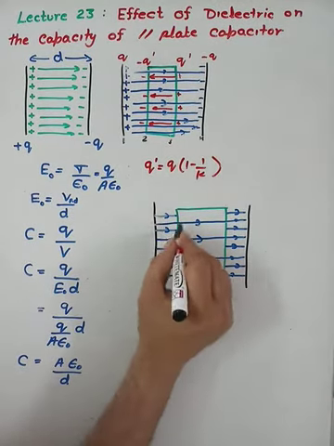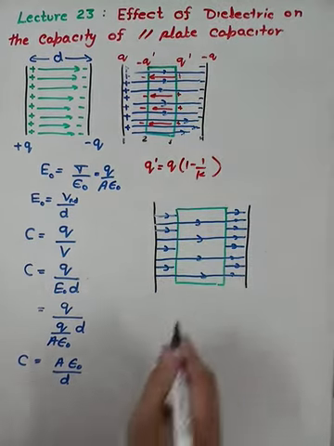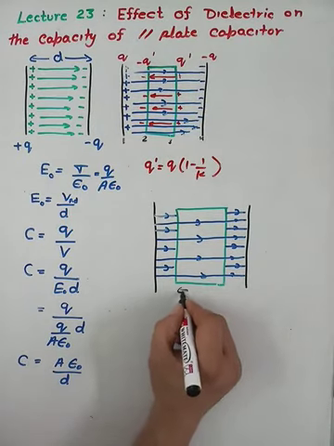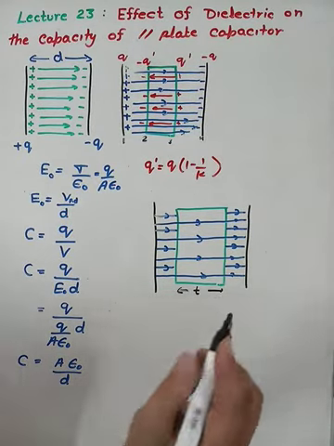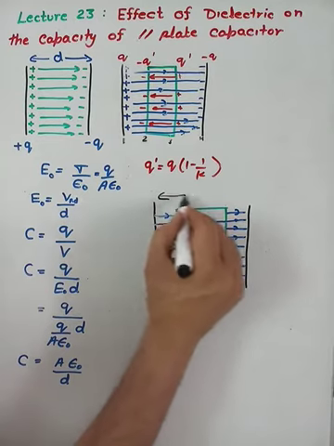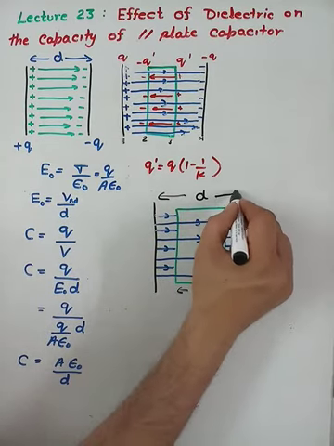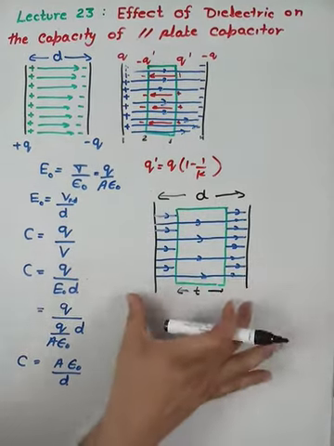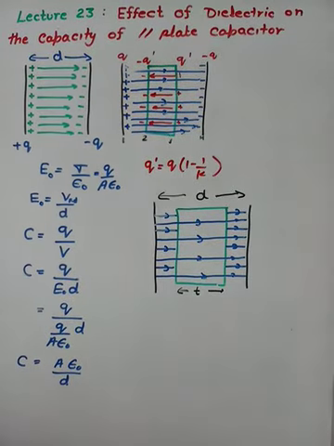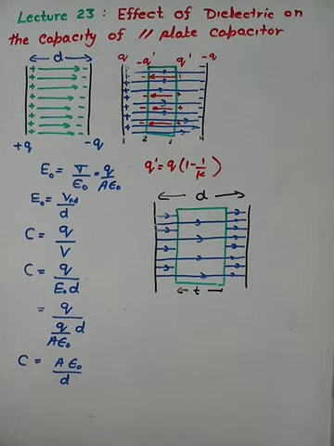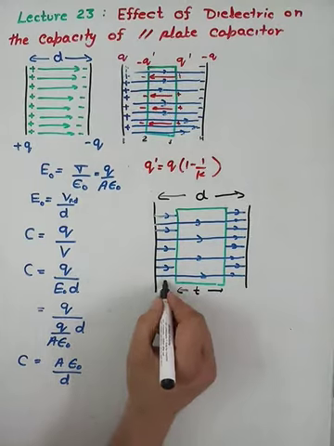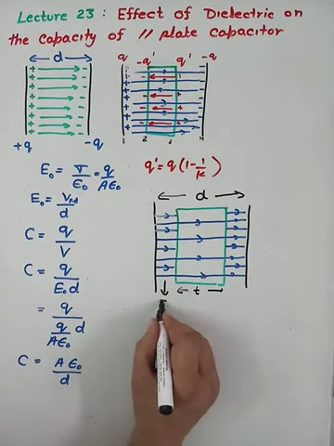Now this is the free space. If this thickness is T, and let the total separation between the plates be D. The diagram is a little wider than this, but this is D, this is also D. Now the field in this region is E naught.